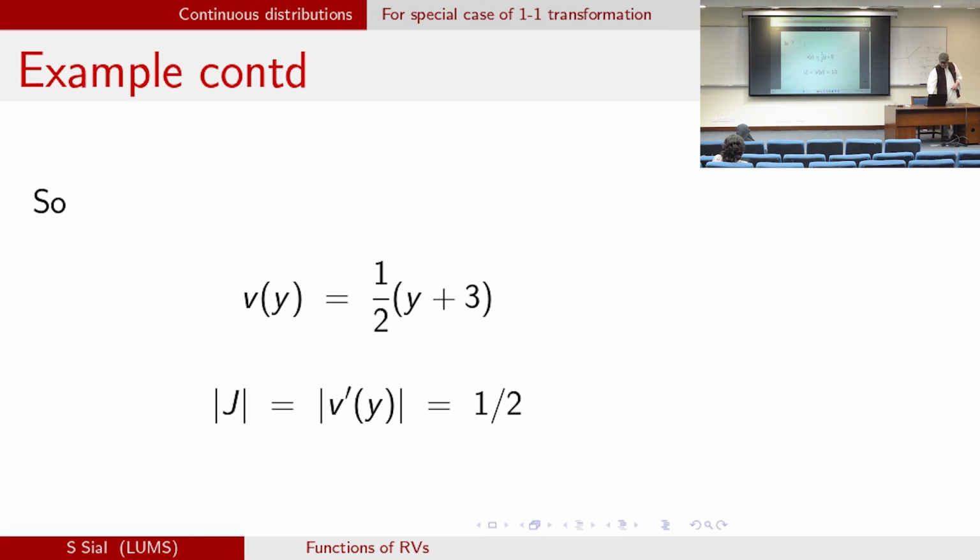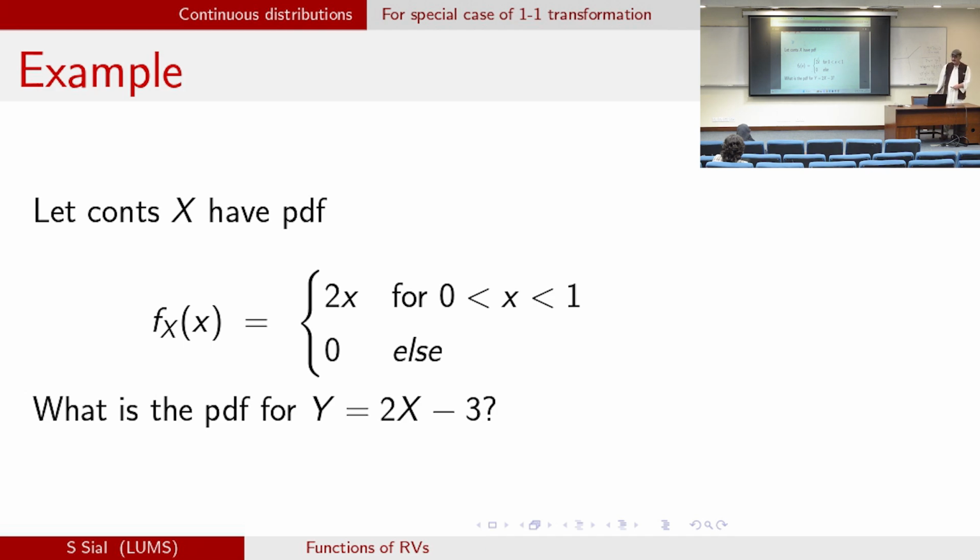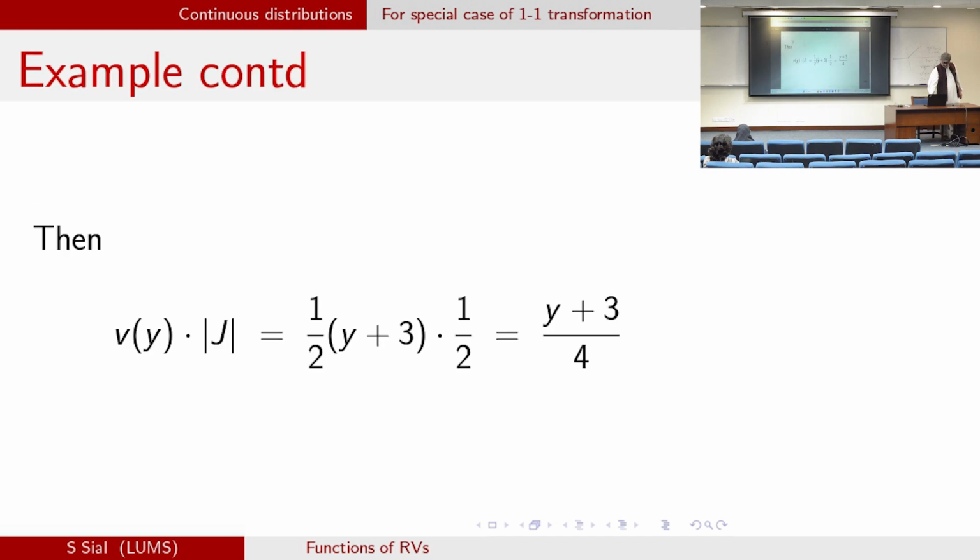All right, so this says then that you have to replace x by v of y in here, and you have to multiply by this term, the absolute value of the Jacobian. Right, multiply by the absolute value of the Jacobian. Get that?